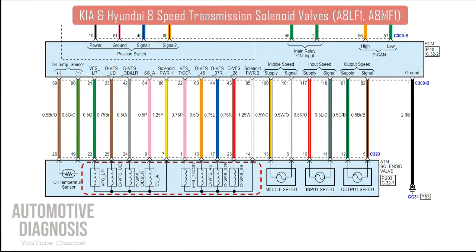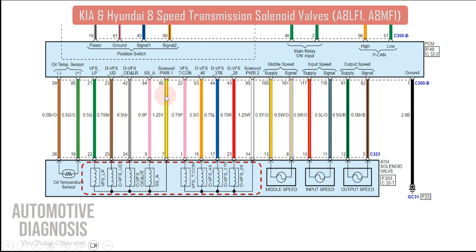All right, and this is the wiring diagram for this solenoid valve. As you see here, we have the valve body, all the solenoid valves, the oil temperature sensor, and the speed sensors. And this one is the PCM, which is the engine control module and transmission control module together. As you see, we have 4 solenoid valves in here and the other 4 located right here. It's really important to know we have 2 power supplies provided to these solenoid valves.